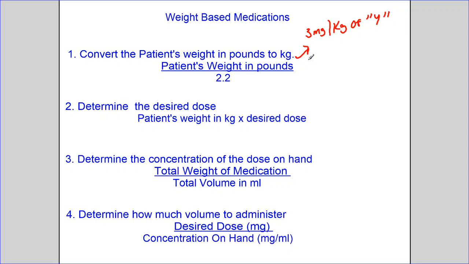And so look, the easiest way to do this is just take the patient's weight in pounds and divide it by 2.2. Okay, that's the first thing you want to do. Go ahead and convert the weight.